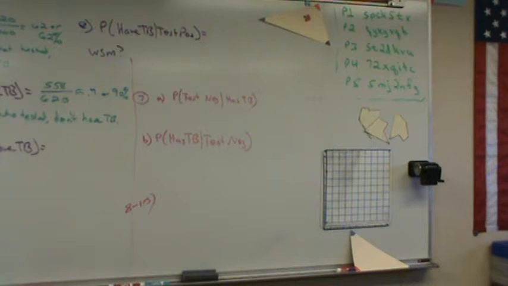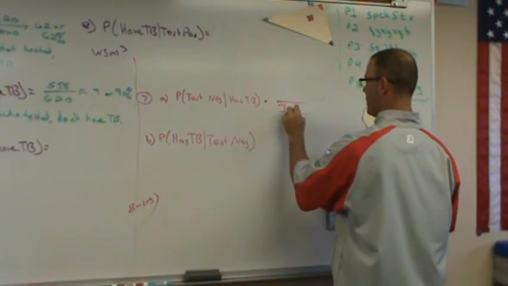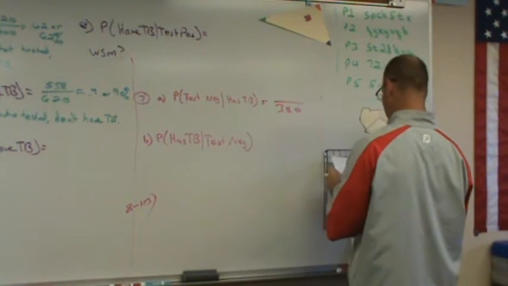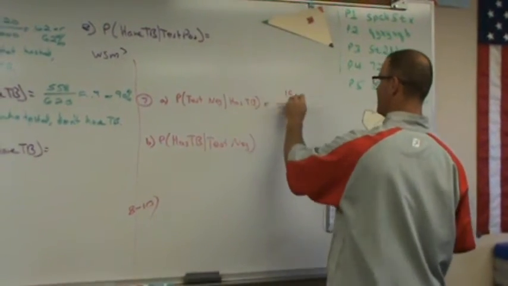There was testing positive and testing negative, that's out of tree number 2, and you have TB or don't have TB. Remember that has TB we get from tree number 1, so that's 380 people. And if you test negative, we can get that from tree number 1 also, that's 19.